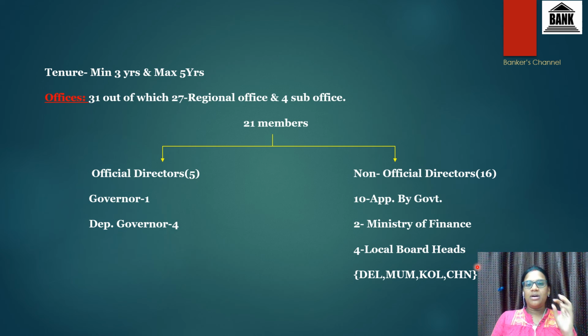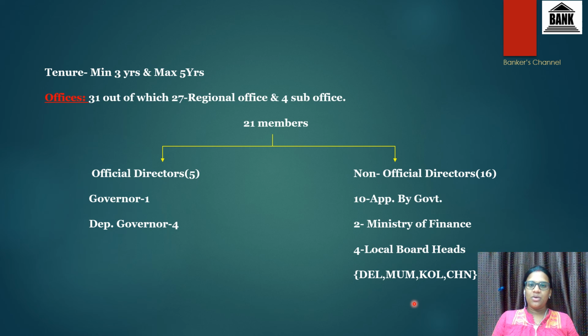These 4 local board heads will be appointed: one from Delhi, which is north, one from Mumbai, which is west, one from Kolkata, which is east, and one from Chennai, which is south. So totally 4 people from local board heads.